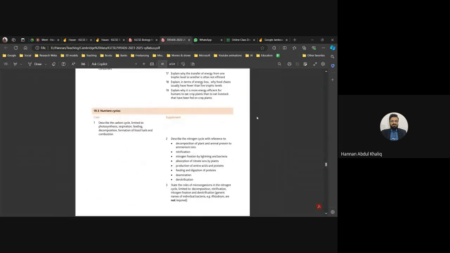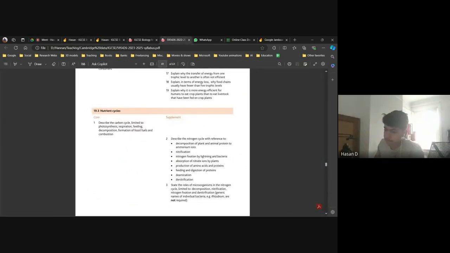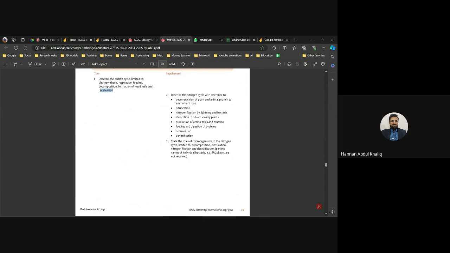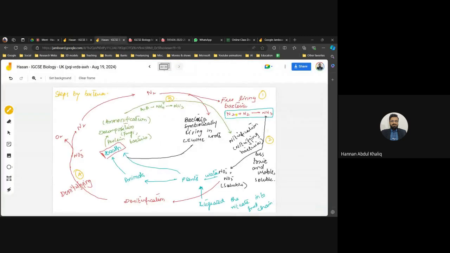Any problem here? No. Yeah. Combustion, fossil fuels, nitrification, nitrogen fixation by lightning. Yes, this is another point of view: nitrogen fixation is not only done by the bacteria, it is also done through the lightning.